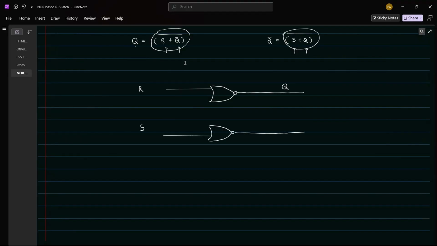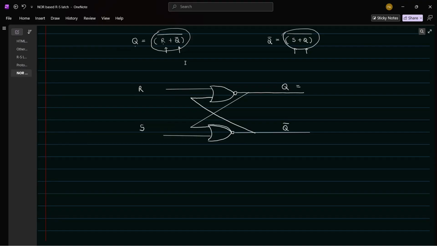This is Q bar. Q bar is sent through a NOR gate along with R to come up with Q. And similarly, Q is sent through another NOR gate along with S to come up with Q bar.